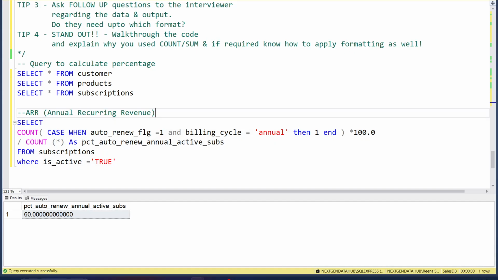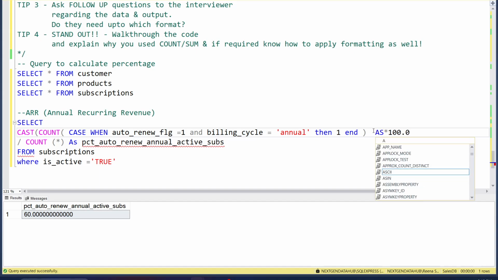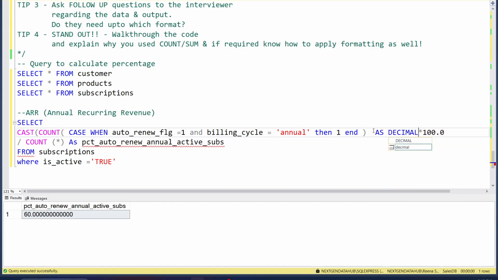For example, in this case, if we want to give the output only up to 2 decimal points, we need to use the cast function. We cast this as decimal 10,2, so it casts it to a decimal with 2 decimal places, converting it into a numeric.